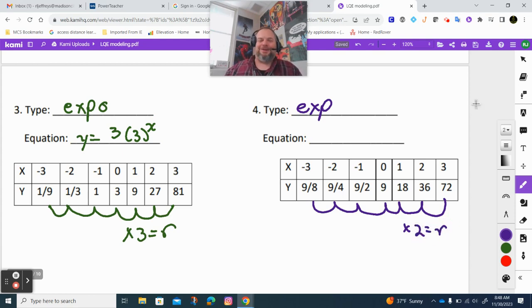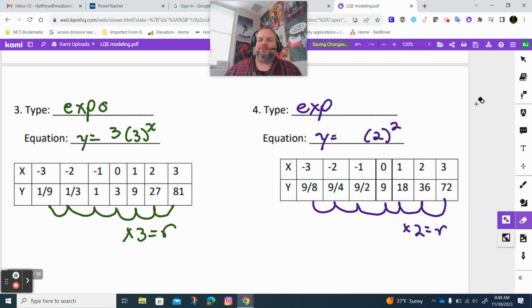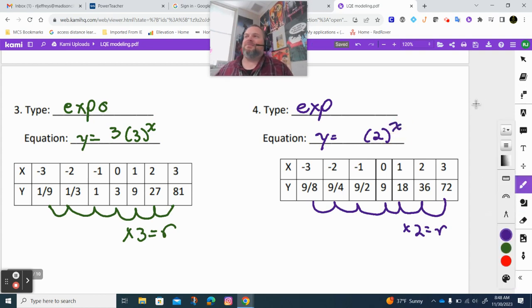That means that's our r. Well, not a 2, sorry. That's supposed to be an x. All right, now define our a sub 0. We look where x is 0. Where's x 0? Right here. What's this number? 9.